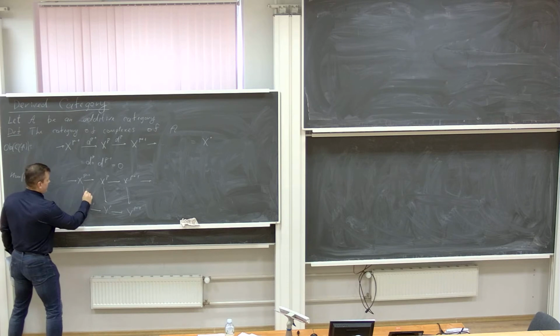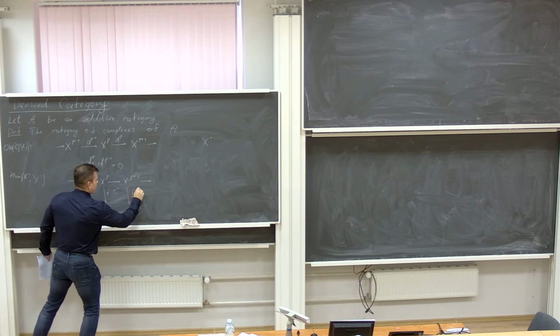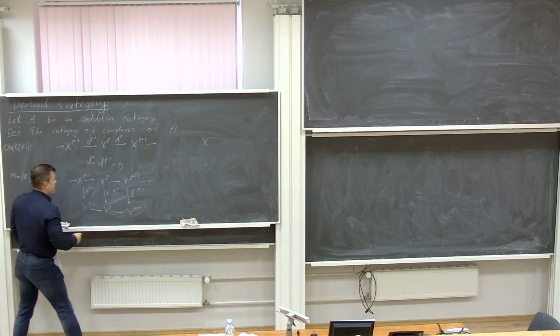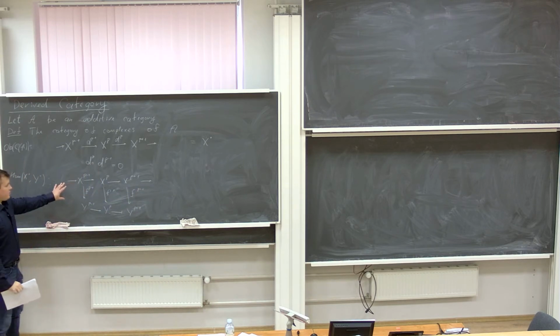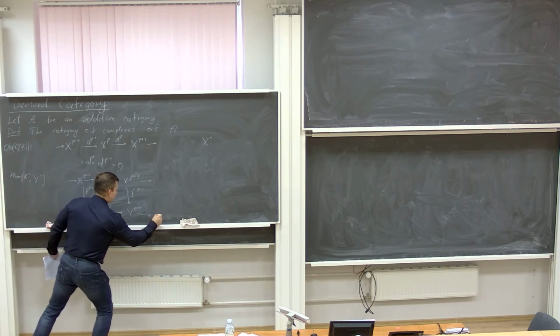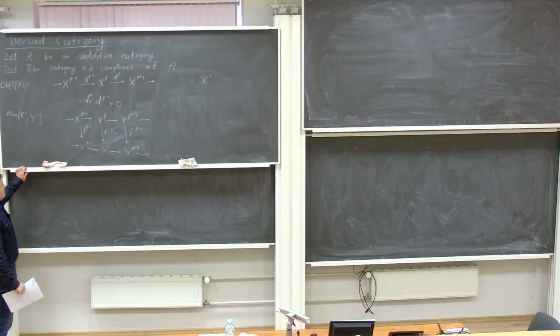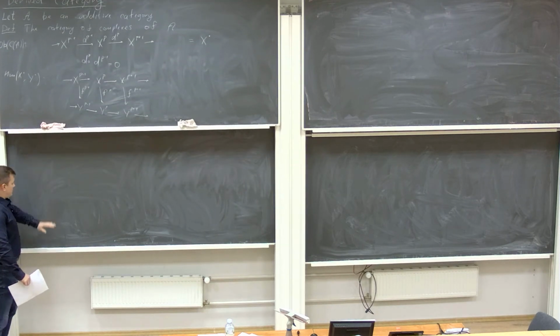So here I have a map f p minus 1, f p, f p plus 1, such that all the squares in this diagram, so infinitely many squares in general, are all commutative squares. So I hope there is nothing surprising in this definition.